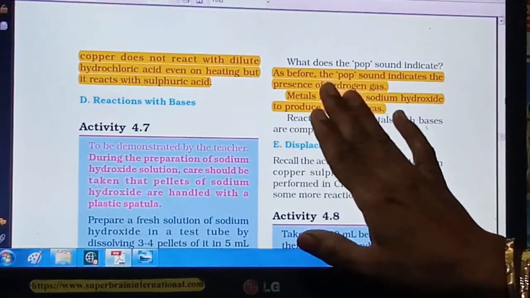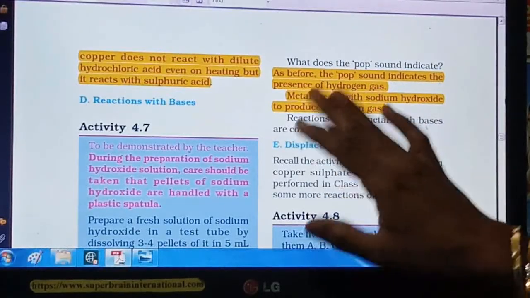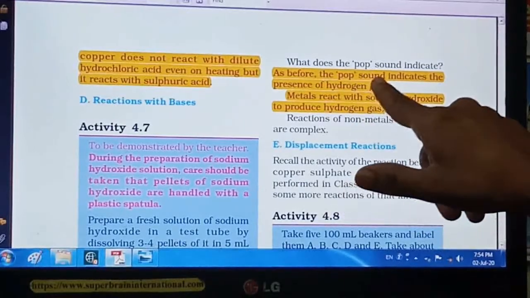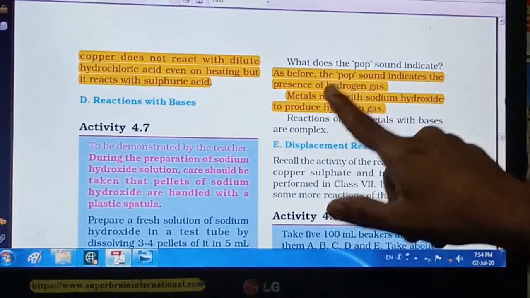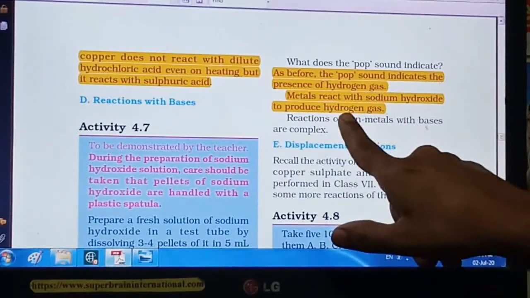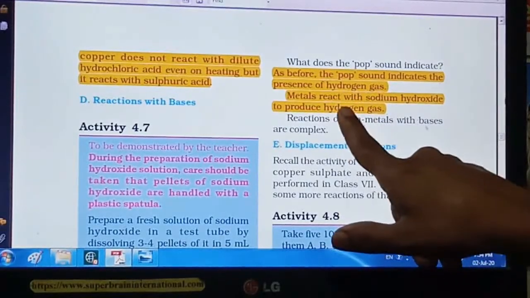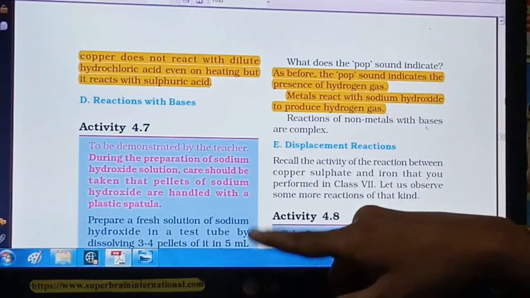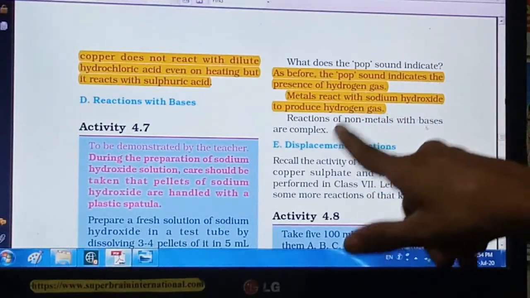Here also, as we bring the burning matchstick to the mouth of the test tube, a pop sound comes. And again the pop sound indicates the presence of hydrogen gas. Means in this also, whenever a metal reacts with sodium hydroxide, it will produce hydrogen gas as a product. So whenever the metal reacts with the acid, hydrogen gas is produced, and whenever the metal reacts with the base, then also hydrogen gas is produced.